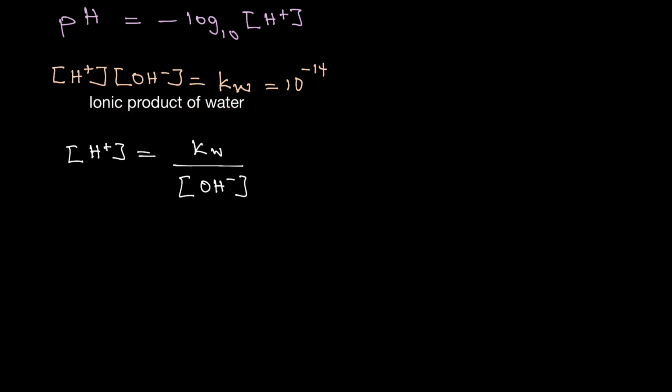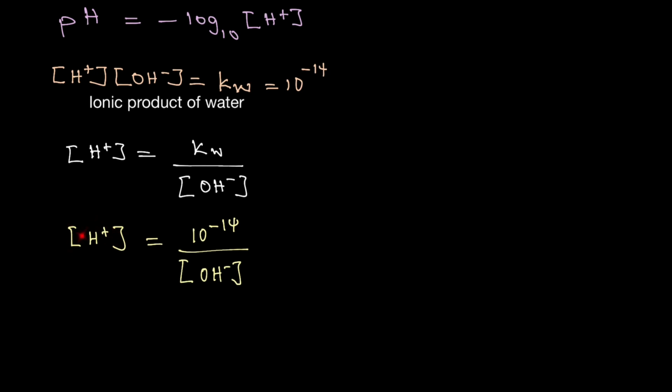If we make concentration of H plus the subject, we divide both sides by the concentration of OH minus, and we get concentration of H plus equals Kw divided by the concentration of OH minus, which makes concentration of H plus equal 10 to the power minus 14 over concentration of OH minus.